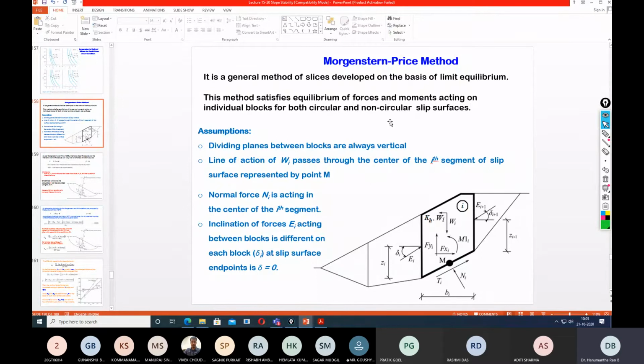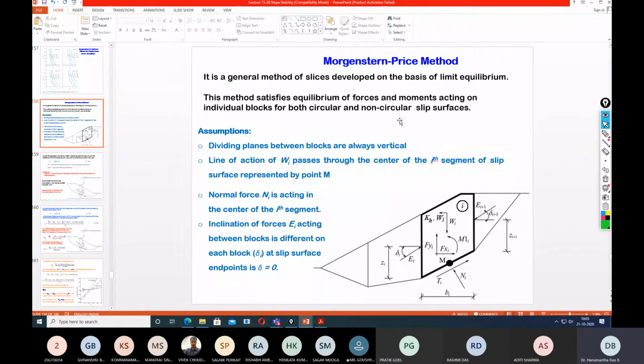It is important to note that in all previous analyses we were considering only the circular slip surface, but the Morgenstern and Price method considers both circular and non-circular.